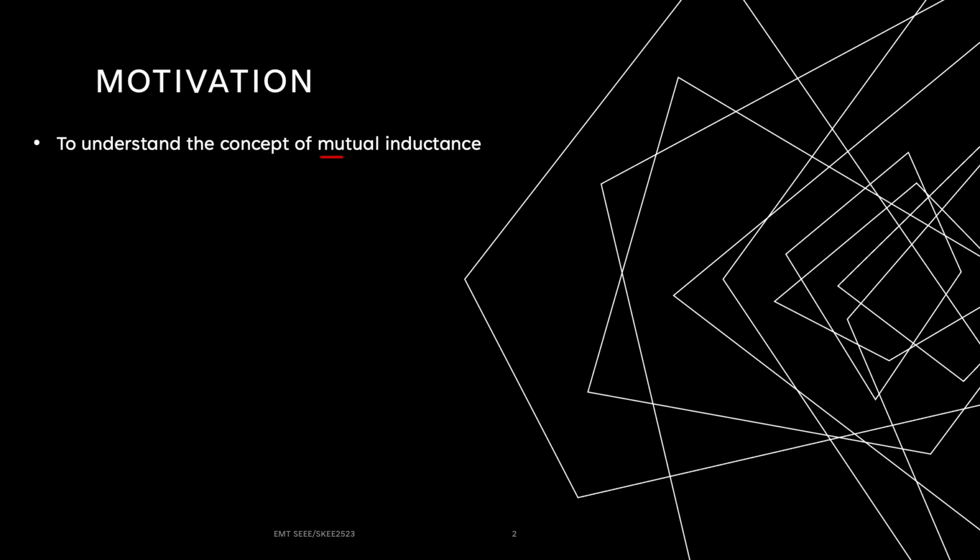So mutual inductance is basically about the flux. We would like to calculate the flux at the second coil. If you still remember, in the previous lecture we discussed the flux happening around coil number 1, which is at this part.